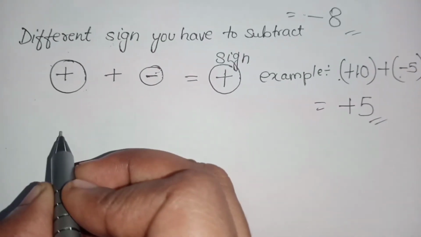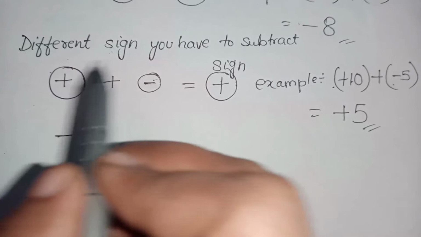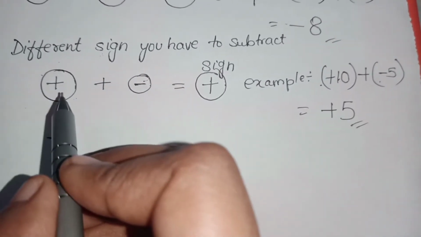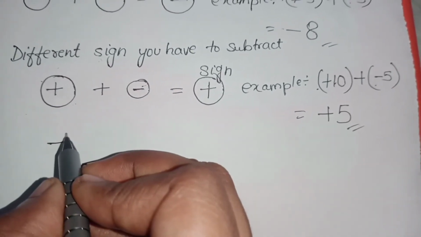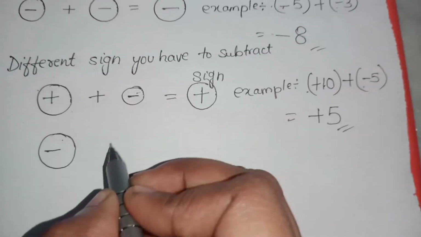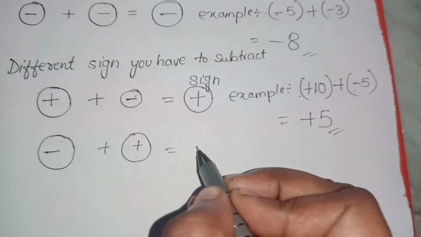Now in the other case, okay, this one is also same only. This one is plus minus. You have to subtract, but you have to put plus when the positive integer is greater. Now in case if minus 1 is greater, so what you will put? You will put minus sign.